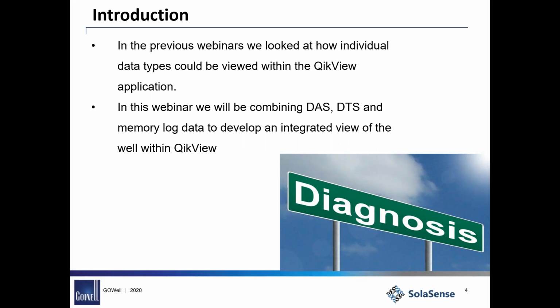The second webinar that we did was in February, and that was fibre versus wireline, and that's simply compare and contrast against the two measurement types. And it's not that wireline is better or worse than fibre or vice versa.